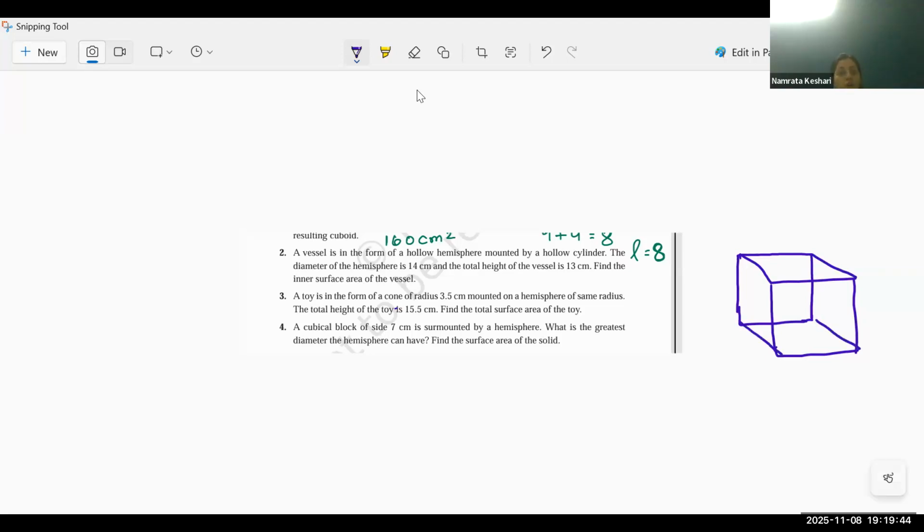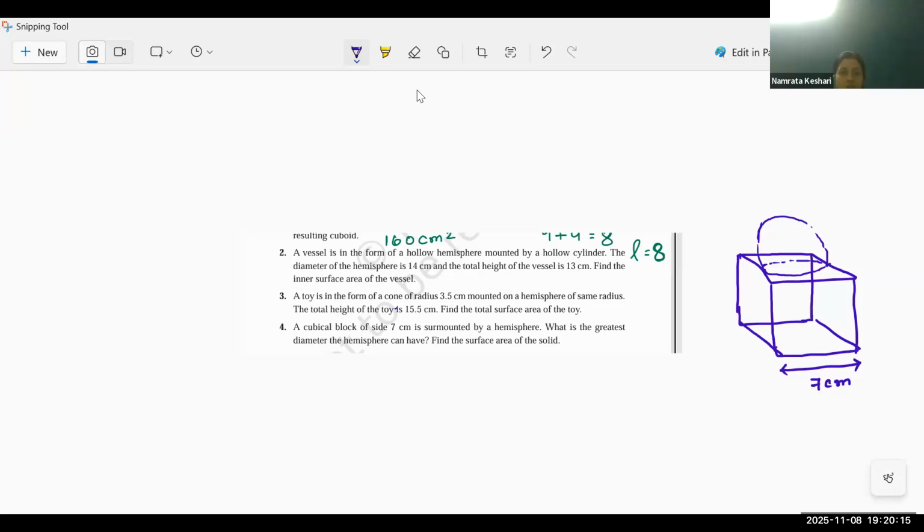A cubical block, the length of the side is 7 centimeter, is surmounted by a hemisphere. Like this. A cubical block is surmounted by a hemisphere.